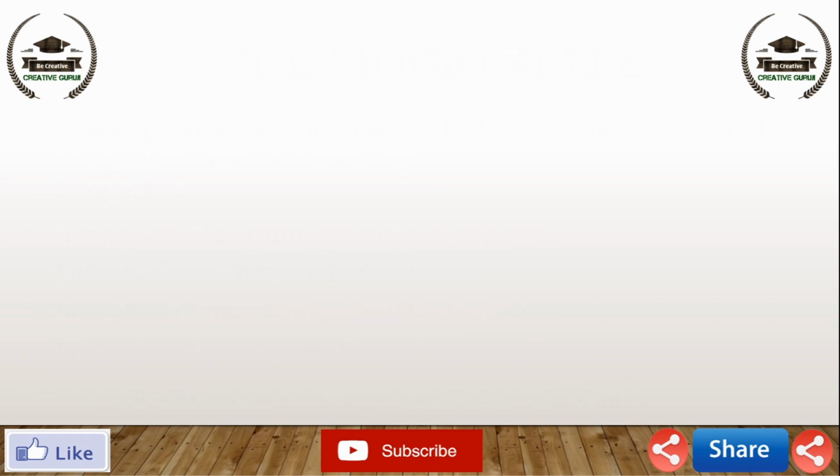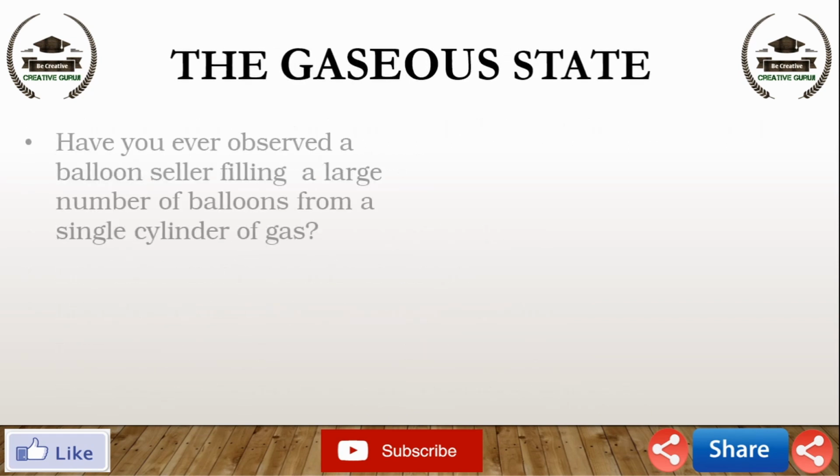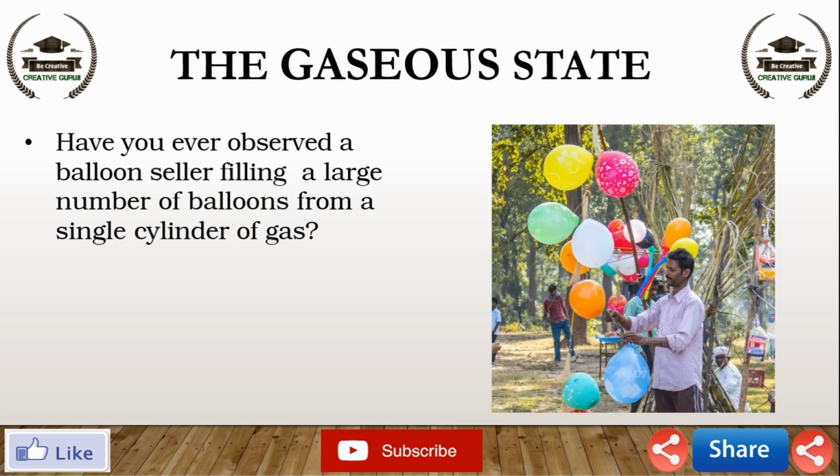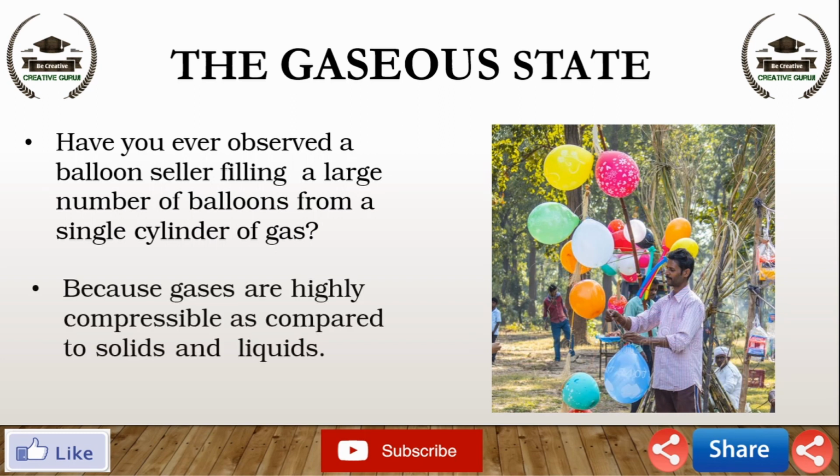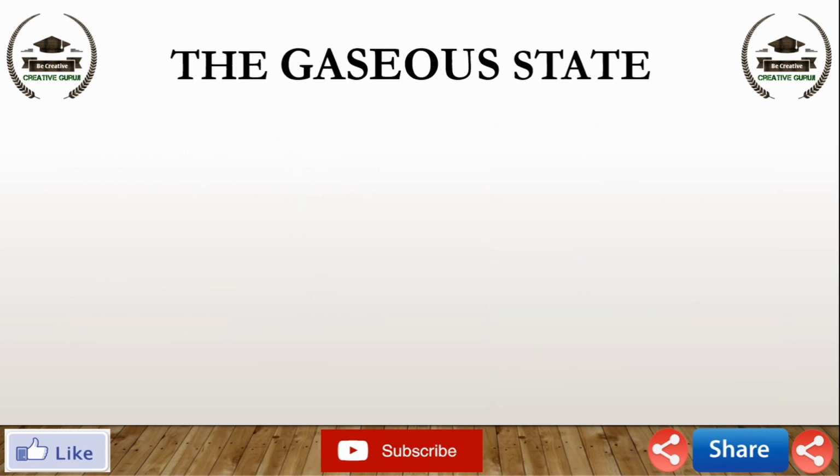The gaseous state. Have you ever observed a balloon seller filling a large number of balloons from a single cylinder of gas? This is because gases are highly compressible as compared to solids and liquids. The liquefied petroleum gas (LPG) cylinder that we get in our homes for cooking, or the oxygen supplied to hospitals in cylinders, is compressed gas.